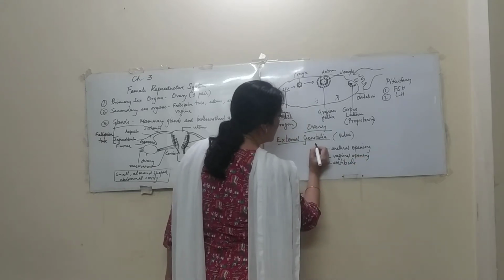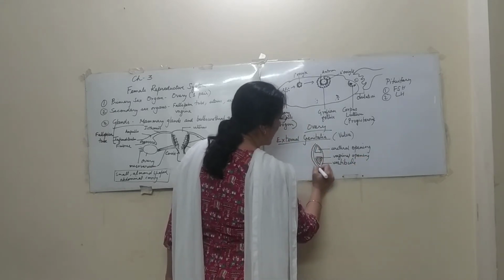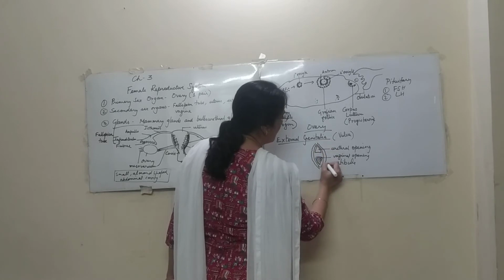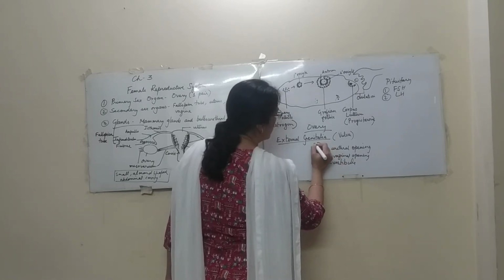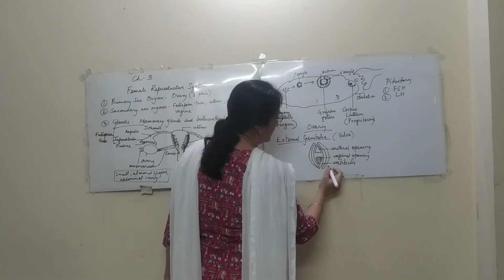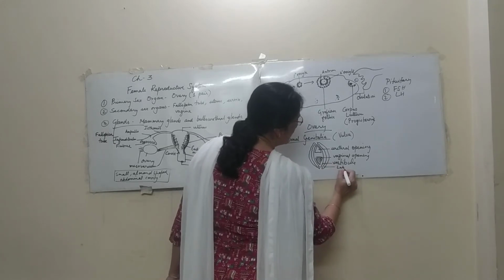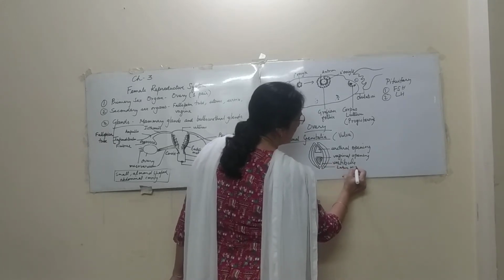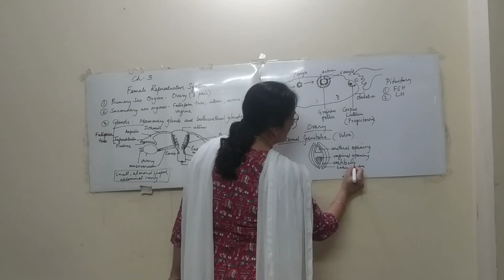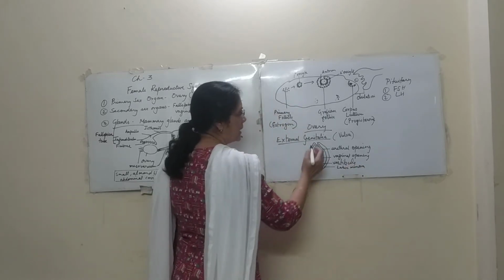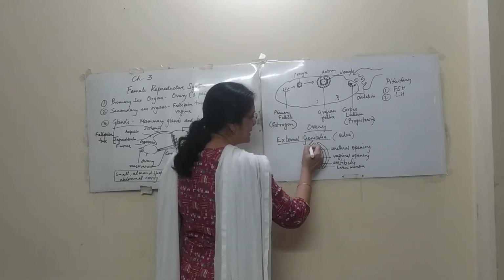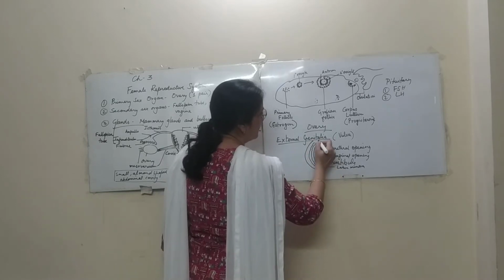Now surrounding this is a muscular layer which is known as the labia minora. Surrounding the labia minora is another layer, the labia majora.